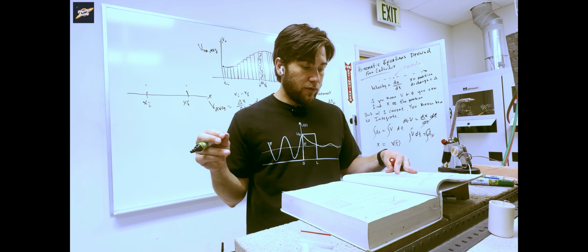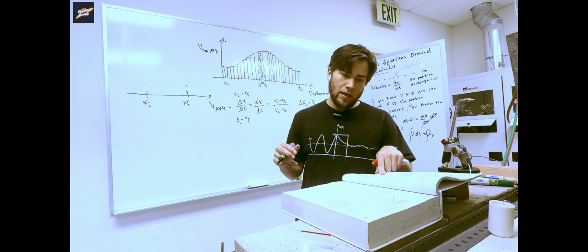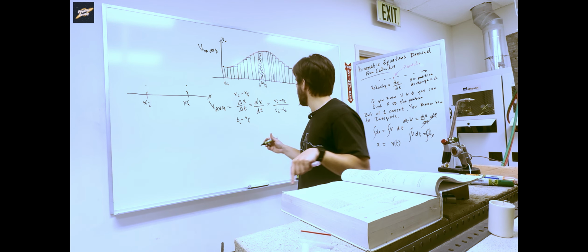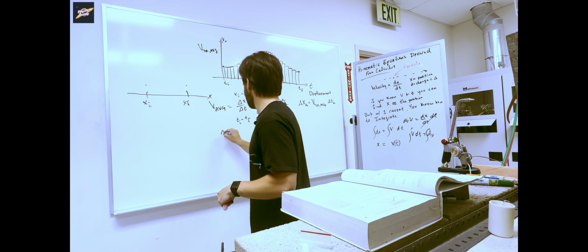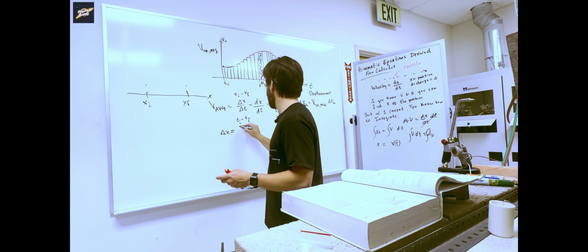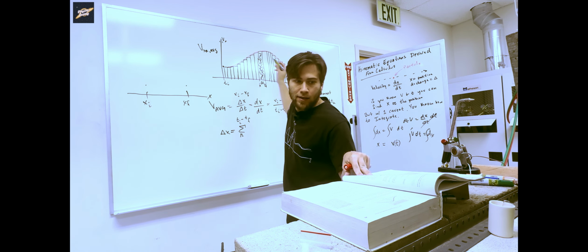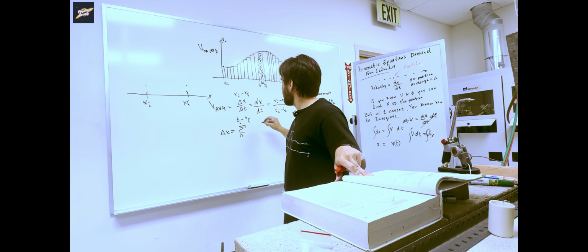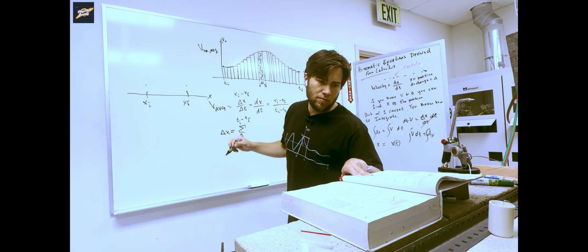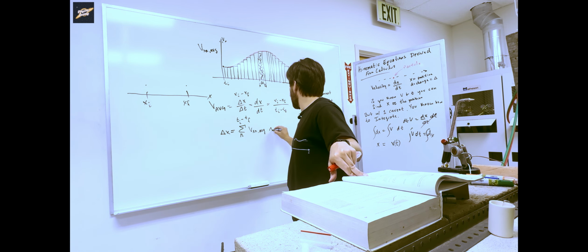The total displacement for the interval tf minus ti is the sum of the areas. So we could also say that the total displacement, delta x, equals the sum from 0 to n of v x in average times delta t in.